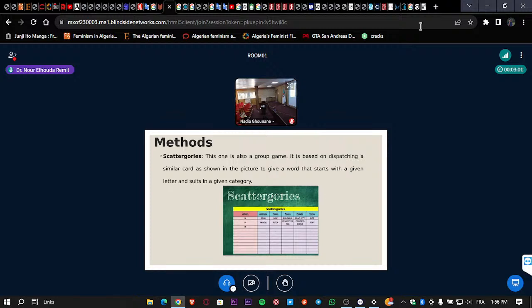Okay. Categories. We even have this game in Arabic. Students are divided into groups, five to six students per group. They are going to write a table with the letters.